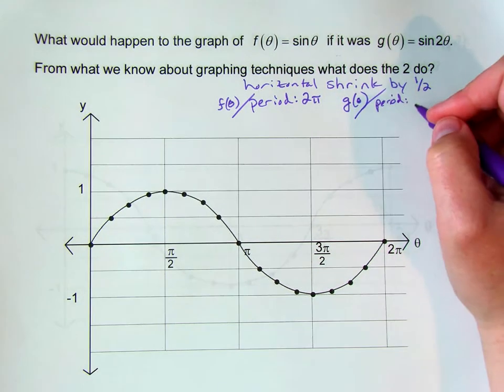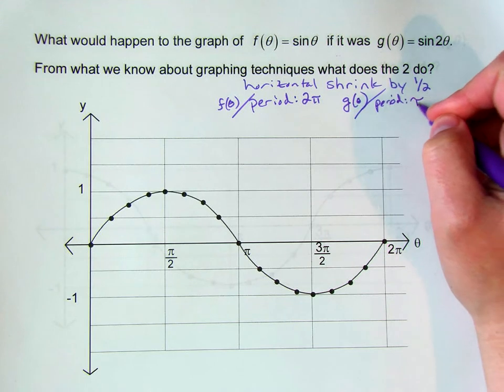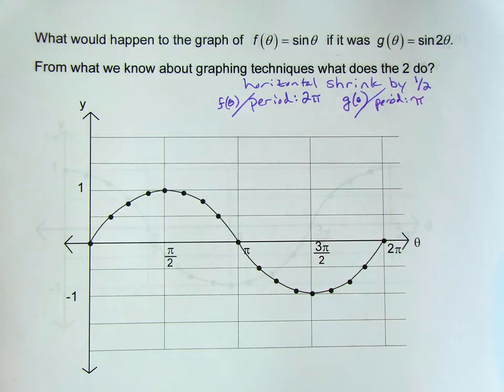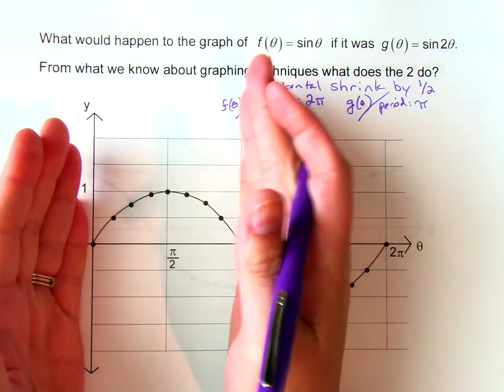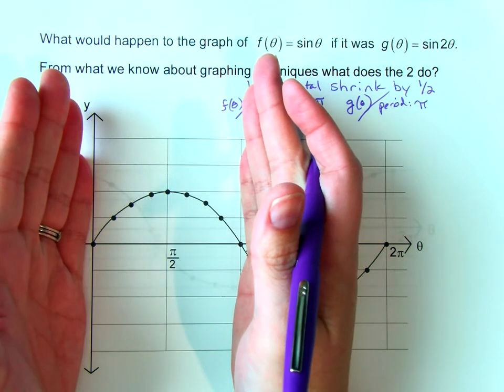We're going to cut the 2 pi in half. So that means we're going to be at pi. That's where our repeat is going to start. So this shrunk down into this section.